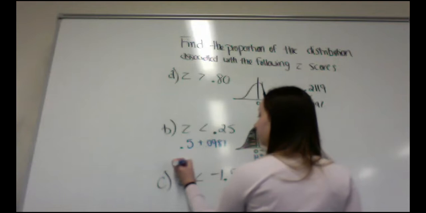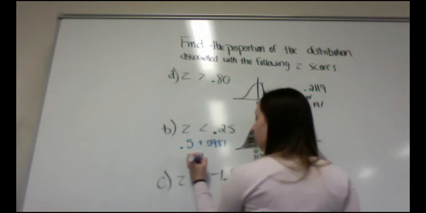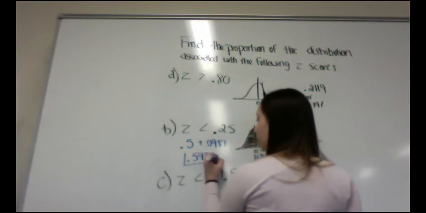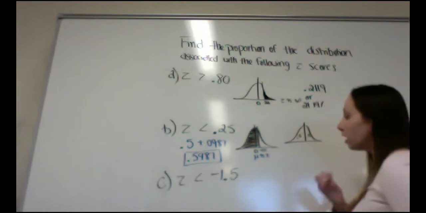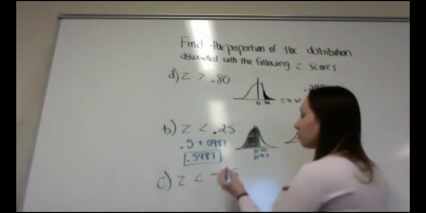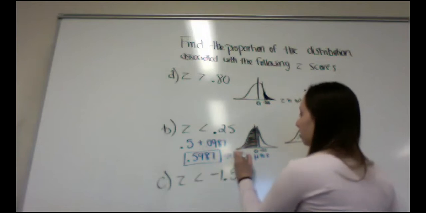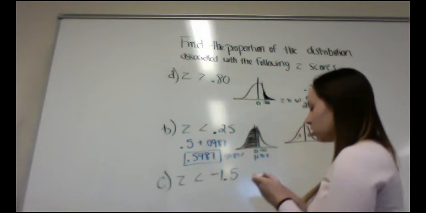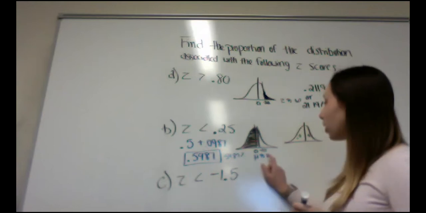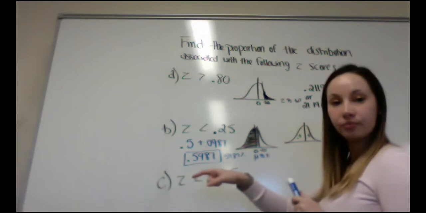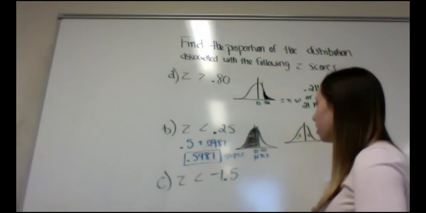That's our answer. So what that's saying is 59.87% of the distribution is associated with a z-score of 0.25 or less. So that's how you would do that.